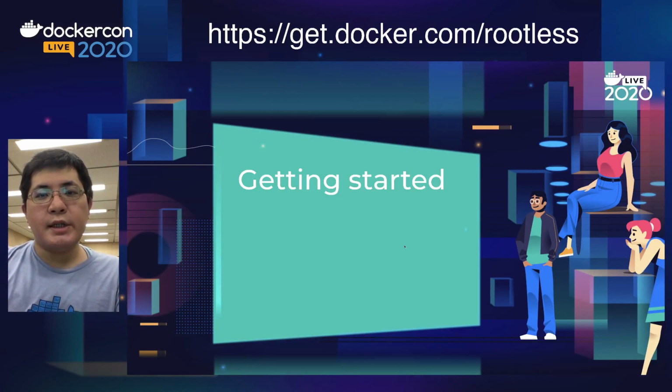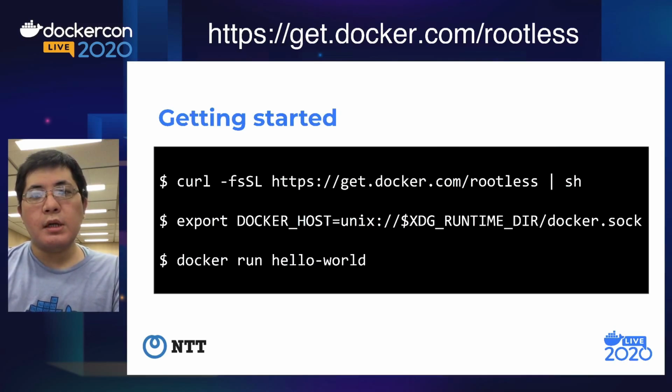The next topic is how to get started with Rootless mode. Getting started with Rootless mode is quite easy. You just need to download a shell script from get.docker.com/rootless, and also you need to set a single environment variable, DOCKER_HOST.